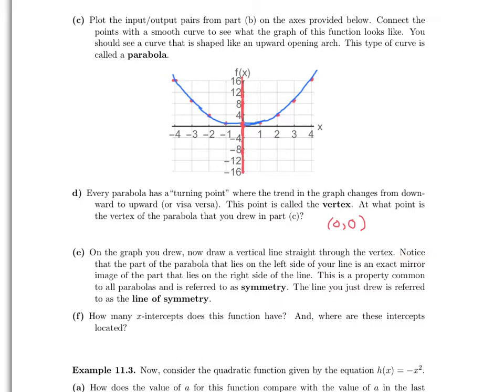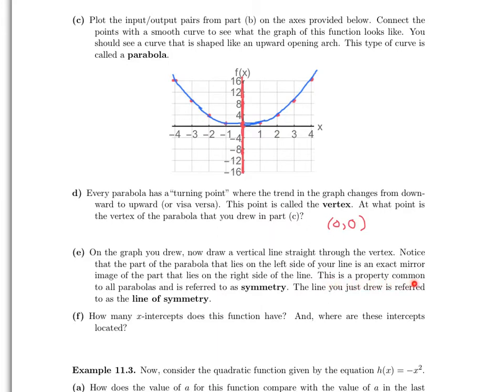So notice that the part of the parabola that lies on the left side of the line is an exact mirror image of the part that lies on the right side of the line. In other words, if we look at this part here on the left side, that is an exact mirror image of what we see on the right side of this line.